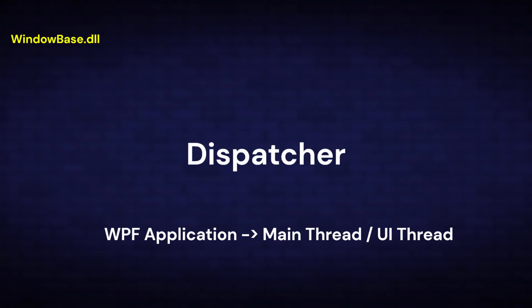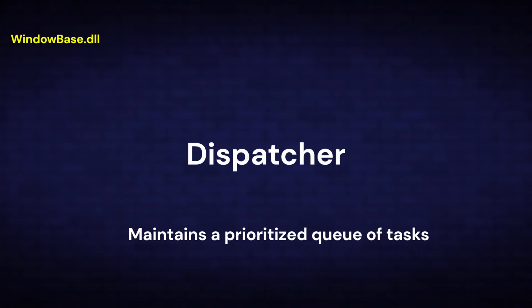For a WPF application, there is a main thread, sometimes called the UI thread, because all UI-related tasks are executed on this thread. Dispatcher is the object which is responsible for managing various tasks to be executed on the UI thread of a WPF application. Dispatcher maintains a prioritized queue of tasks to be executed on the UI thread. It means some tasks of higher priority are run before other tasks of lower priority.